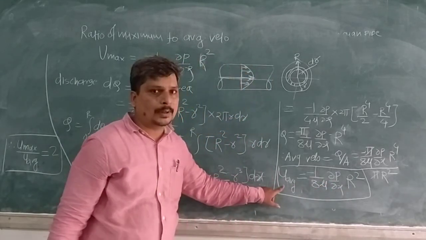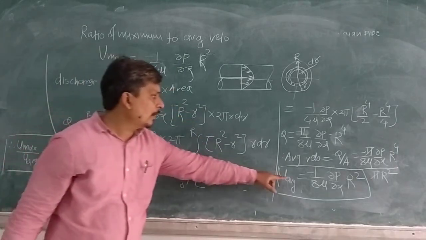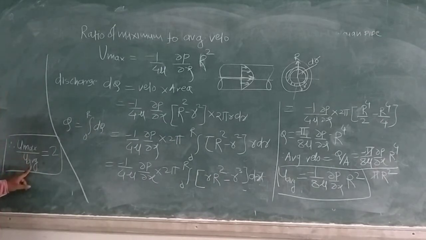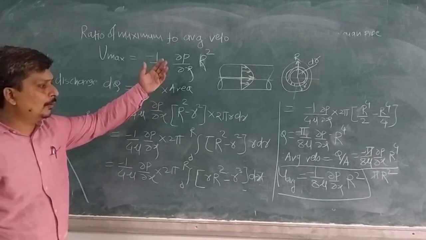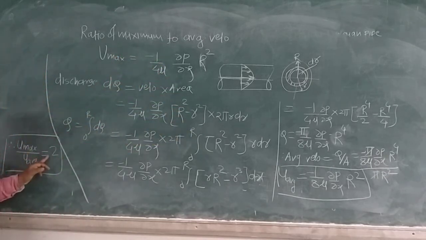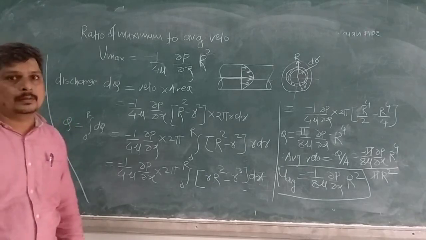This is u average, and u max has 1 by 4 mu, and here minus 1 by 8 mu. So u max upon u average will be this max divided by u average. So 8 goes on the numerator, and we get u max upon u average equal to 2. This is the relation between the maximum and average velocity in the pipe.